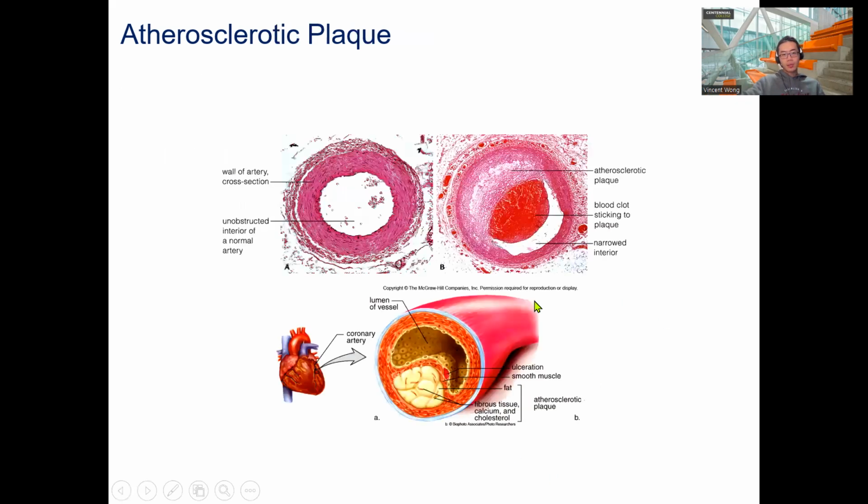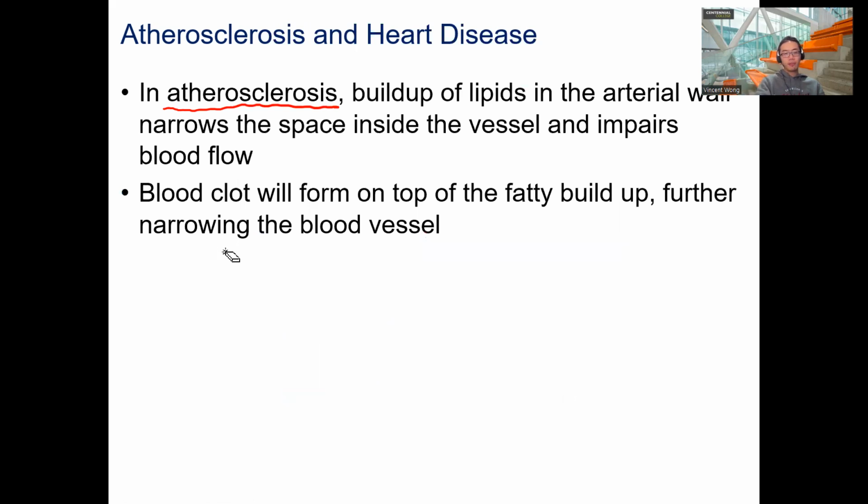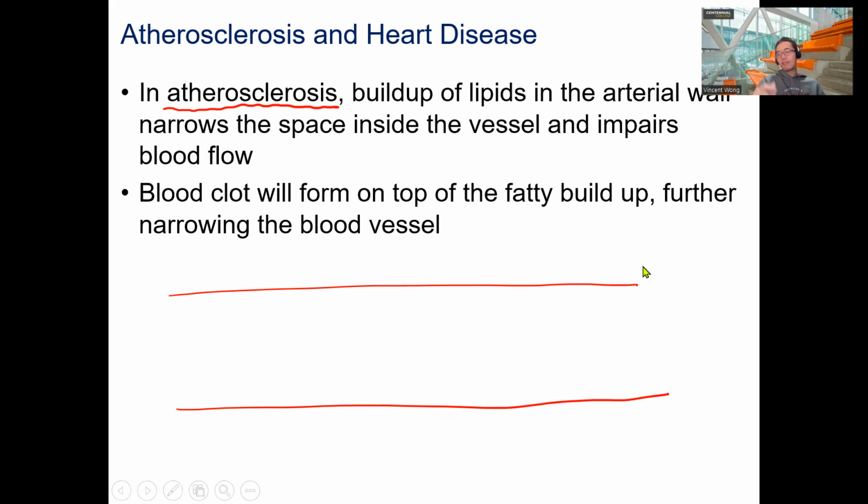Yep, so that's what it looks like, but let me explain it briefly first. Over here we have our blood vessel. It doesn't have to be a capillary, it could be an artery. I told you last class the inside of the blood vessels should be smooth, because blood doesn't like going through a rough patch. Anytime it goes through a rough patch, it's going to clot.